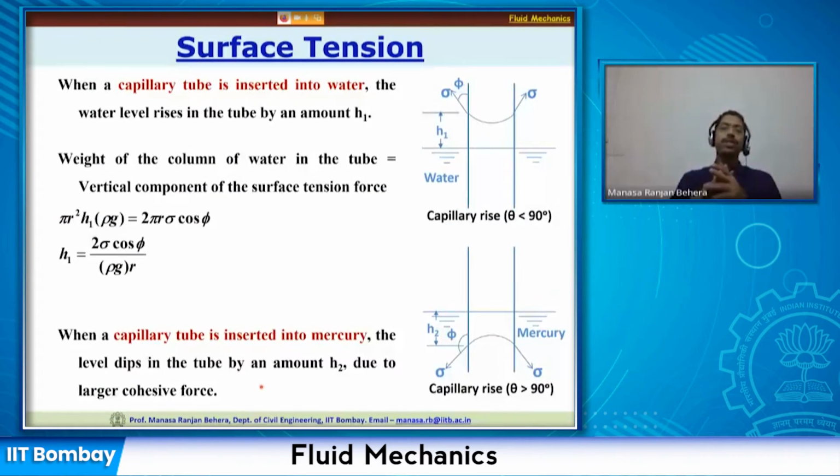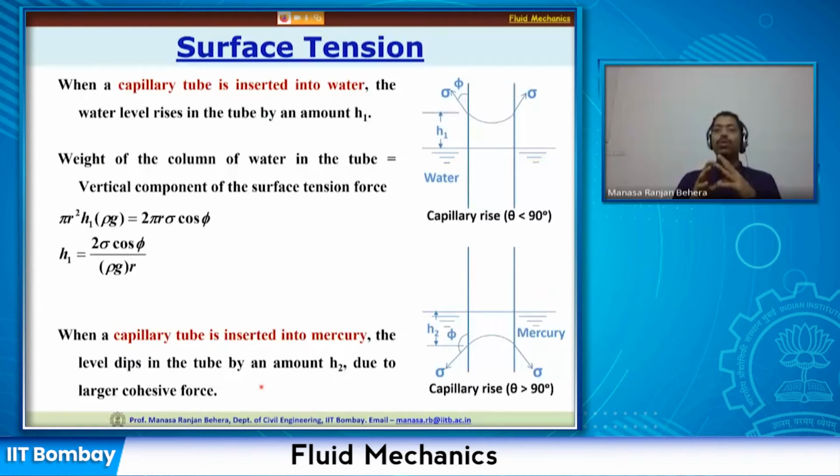Now this surface tension we have also seen in terms of capillary rise in tubes that are inserted into some liquid, that you might have also seen in your chemistry labs. So when a capillary tube is inserted into a liquid or water, let us say in this case, the water level rises in the tube by an amount, let us say h1. Okay. And that's what we say is a capillary rise.